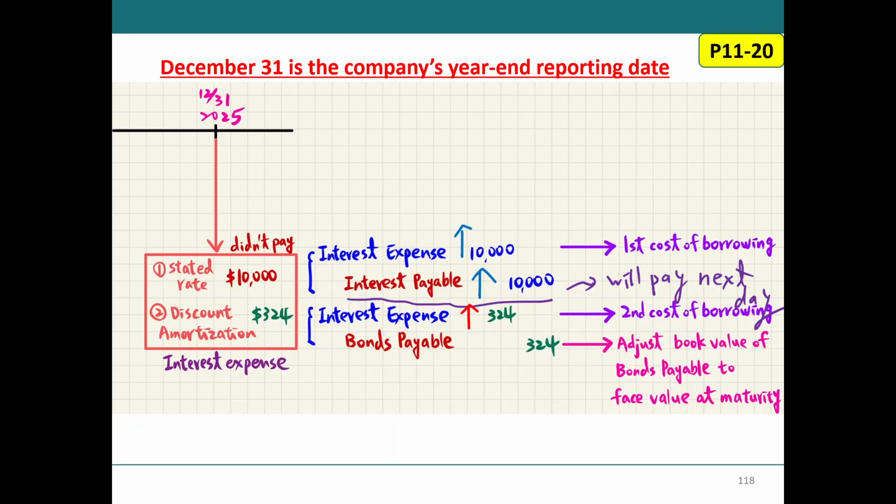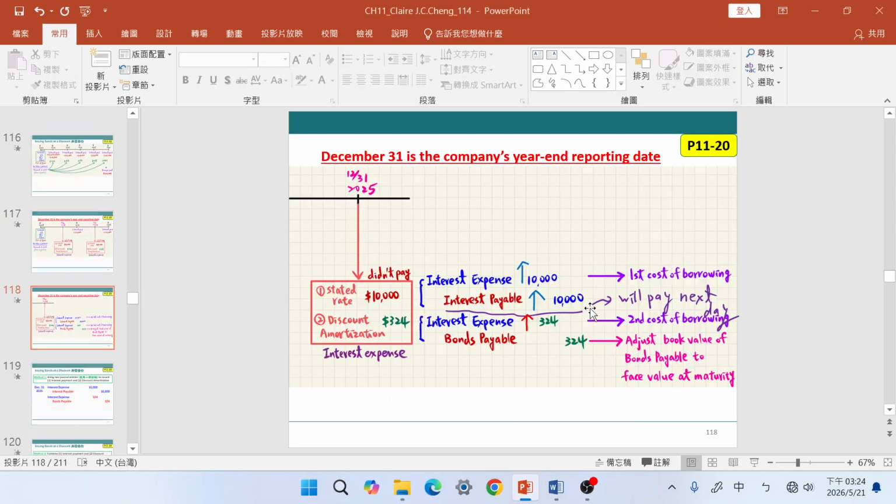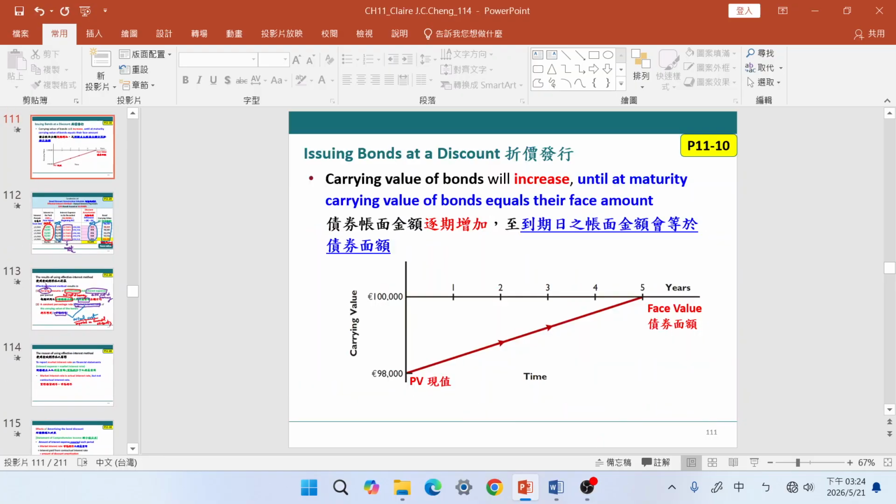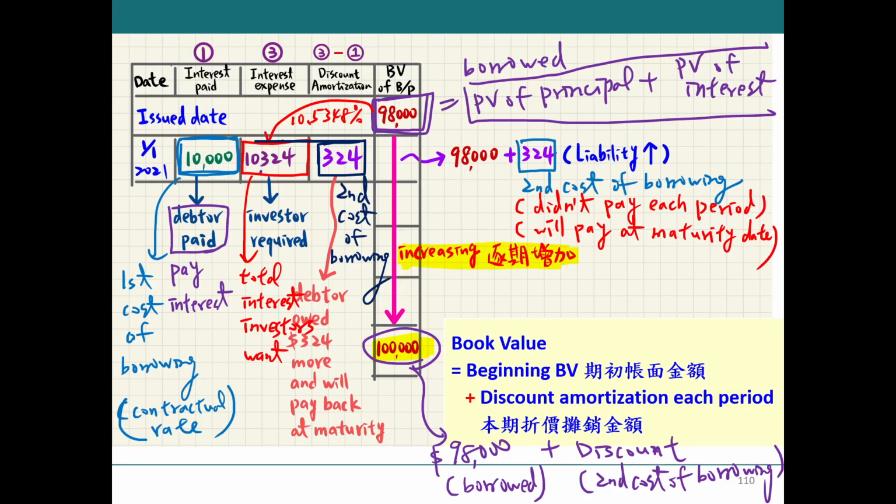Bonds payable. Why? Remember why is bonds payable? Because when you look at your tables, we just mentioned here, your second cost of borrowing, you didn't pay. That will make your liability increase to maturity date. You have to pay principal.